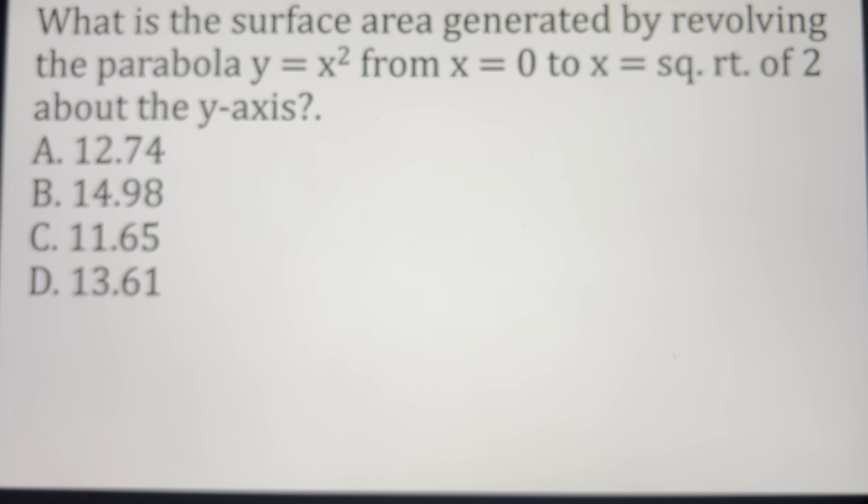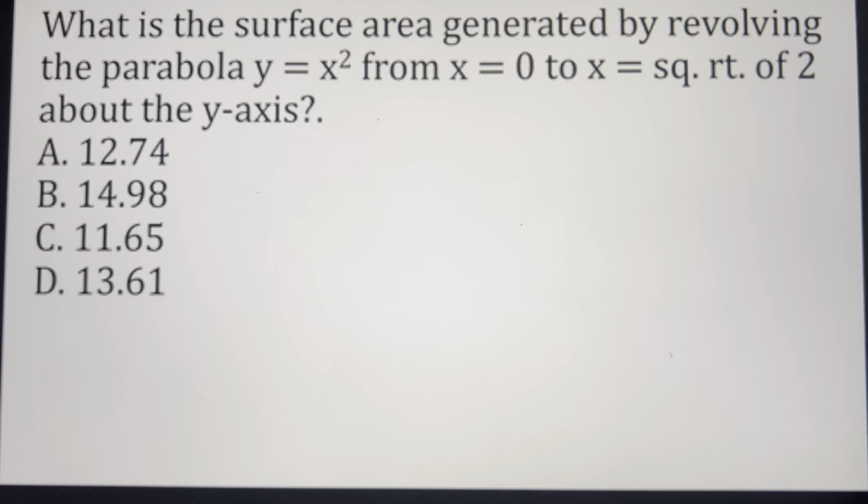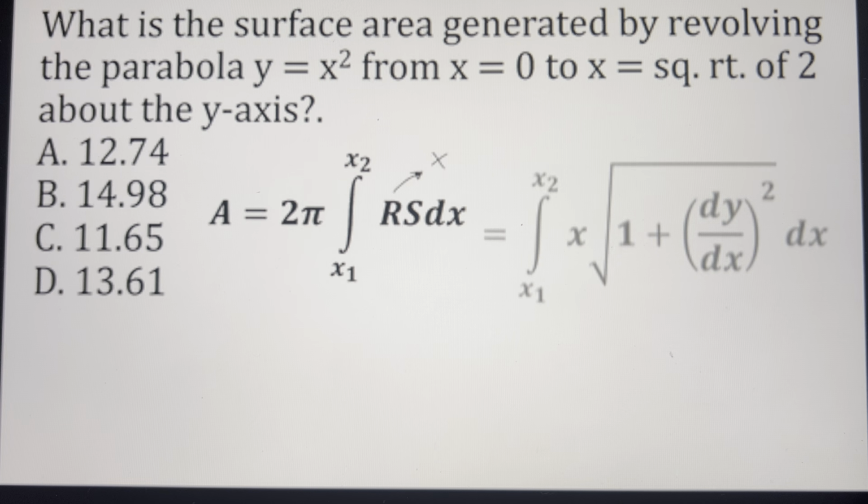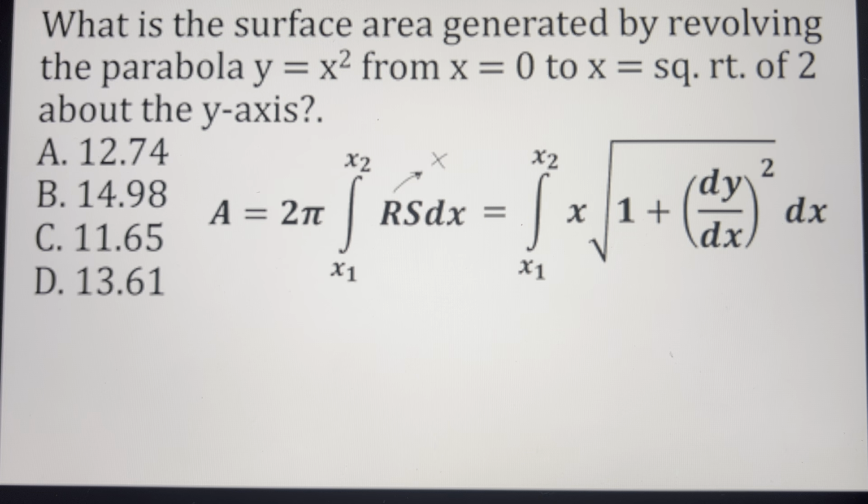What is the surface area generated by revolving the parabola y equals x squared from x equals 0 to x equals square root of 2 about the y-axis? So surface area is equivalent to 2 pi integral of r s dx. So r here will be the distance of our point from the y-axis, and that will be x. And s is the arc length, which is square root of 1 plus dy dx squared.